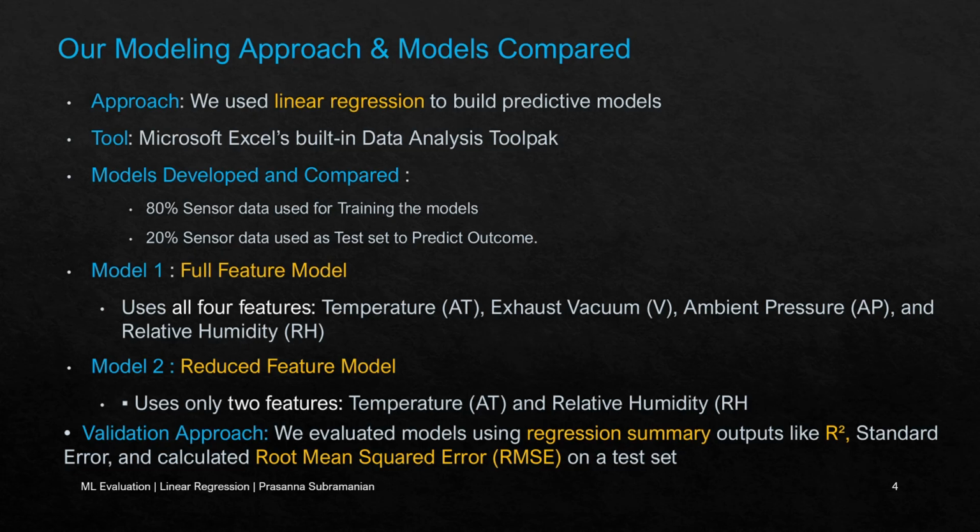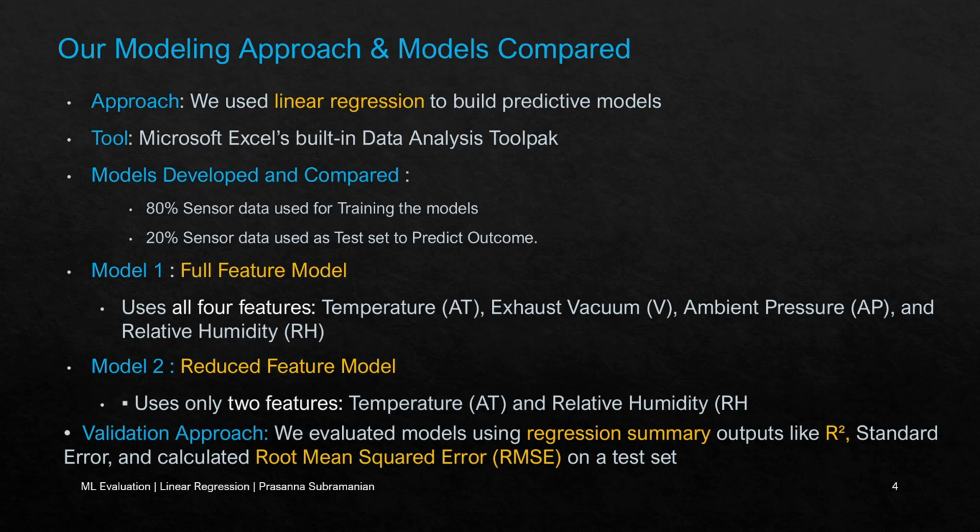Model 2 is the reduced features model. I considered temperature and relative humidity could be the primary inputs for the outcome, so I chose temperature and humidity as the reduced feature model for model 2.